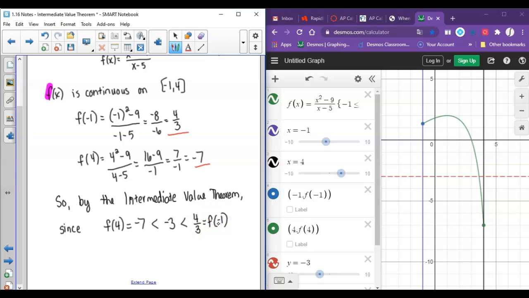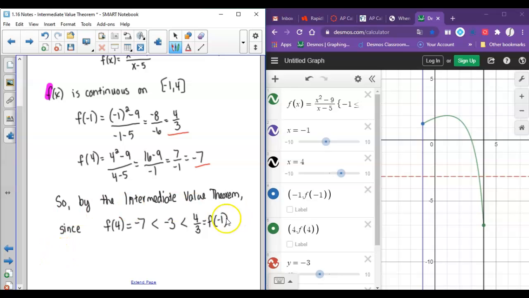So make sure you put the lower of the two values first, even if you might feel like doing the opposite, because this is our second number in our interval. So since -3 is between -7 and 4/3, the intermediate value theorem guarantees that we have a value such that our y value is -3.